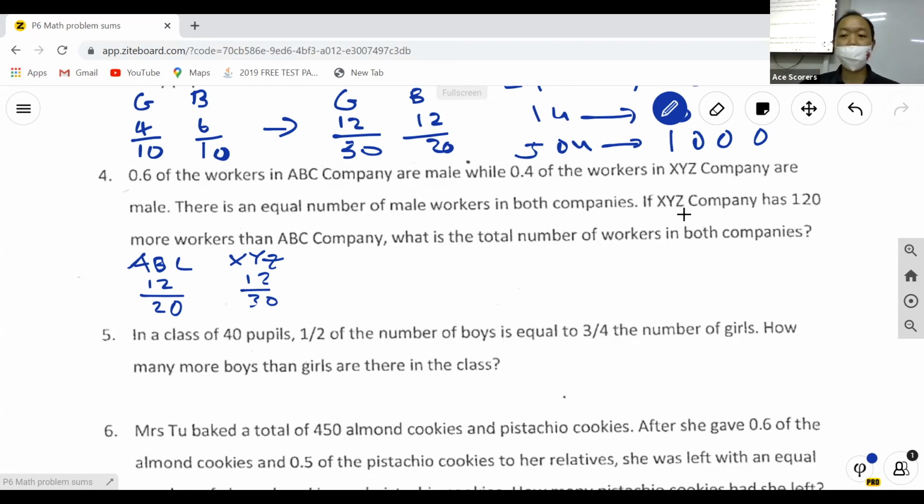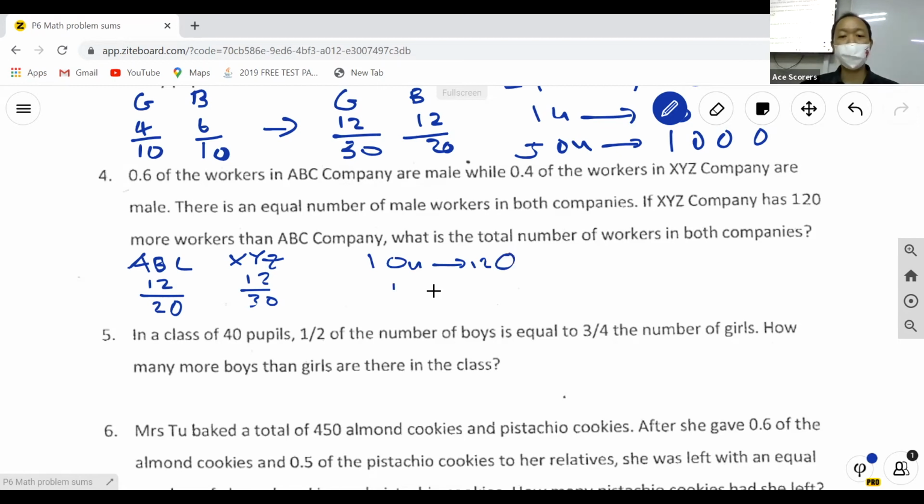So if XYZ has 120 more workers than ABC, what is the denominator referring to? Denominator is the total number of workers, right? In ABC, denominator here is the total number of workers in XYZ. So this would be 120 more than this. That means 10 units. 10U is referring to 120.